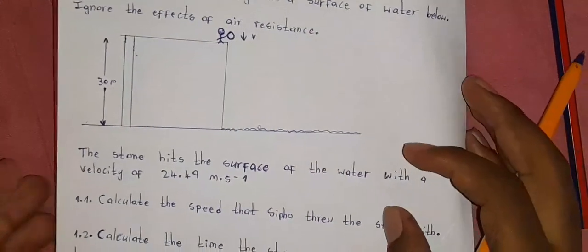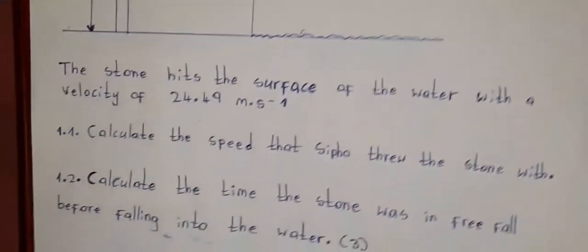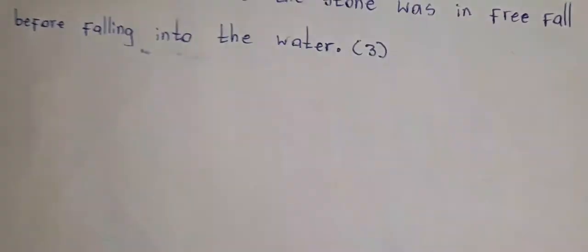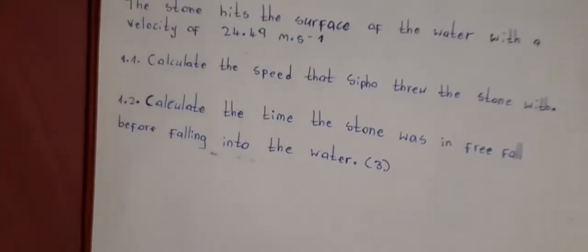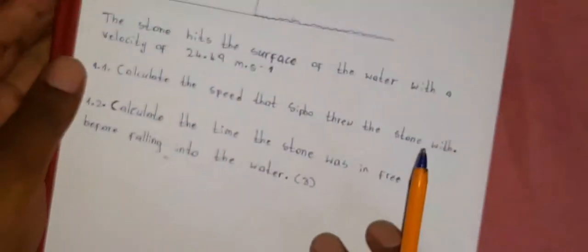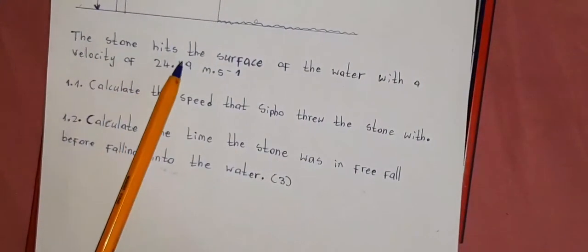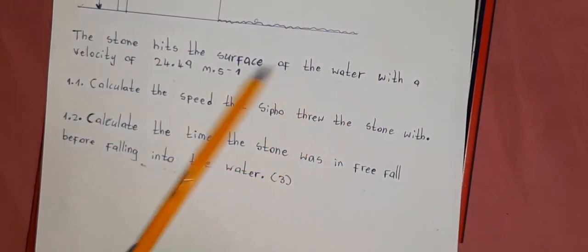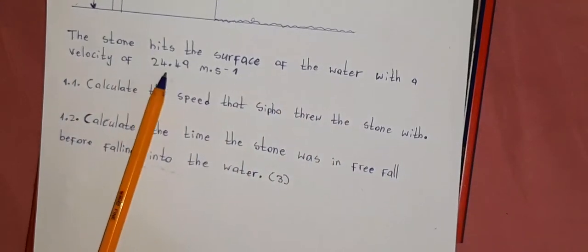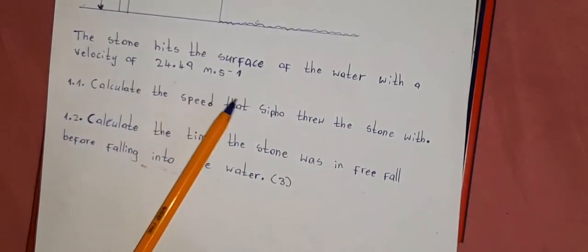And let's see what they're saying here. Okay, it's showing there. And it says here, the stone hits the surface of the water with a velocity of 29.49 meters per second.